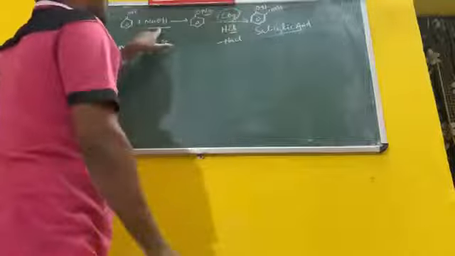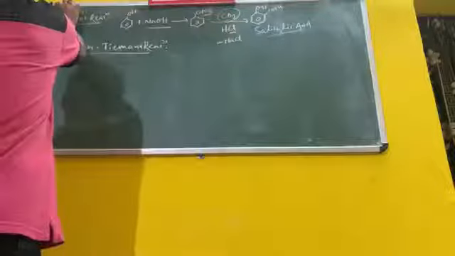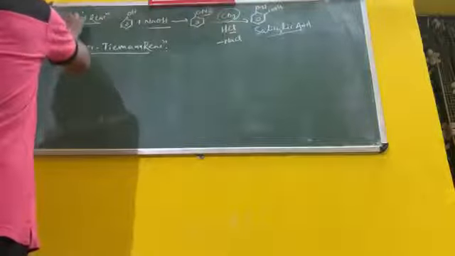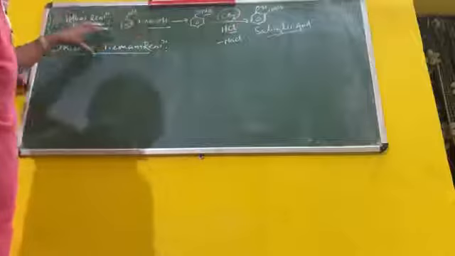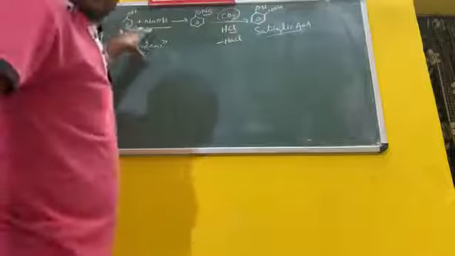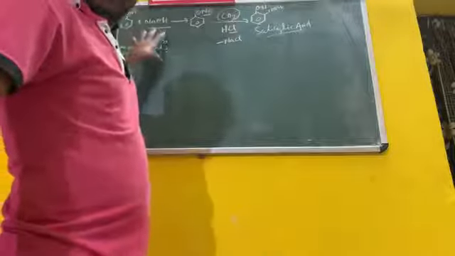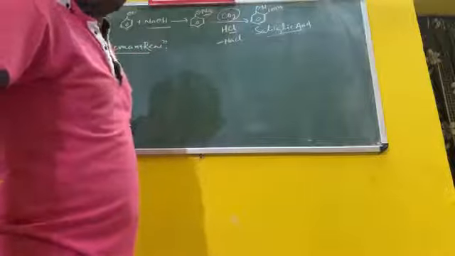This is one important point. In Kolbe's reaction, start with sodium hydroxide, then carbon dioxide. You have to remember this one. All these reactions are important because these are name reactions. So remember carbon dioxide and sodium hydroxide for Kolbe. But in the Reimer-Tiemann reaction, you have to remember chloroform in the presence of sodium hydroxide again.